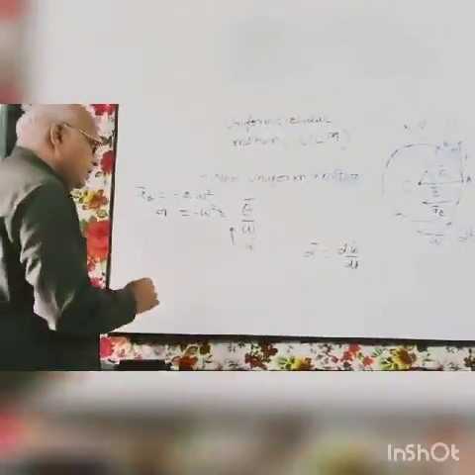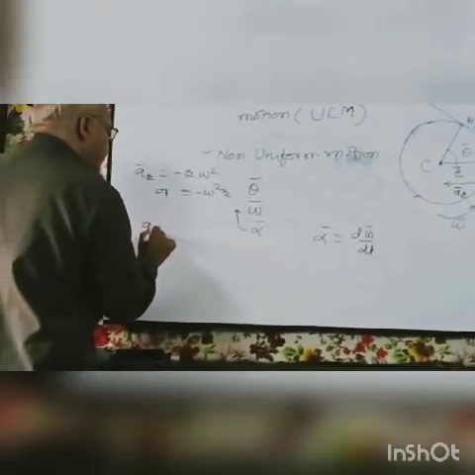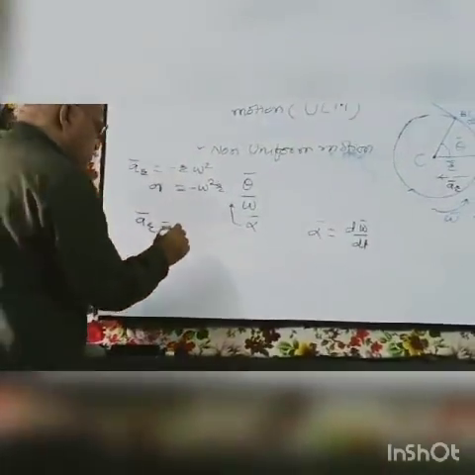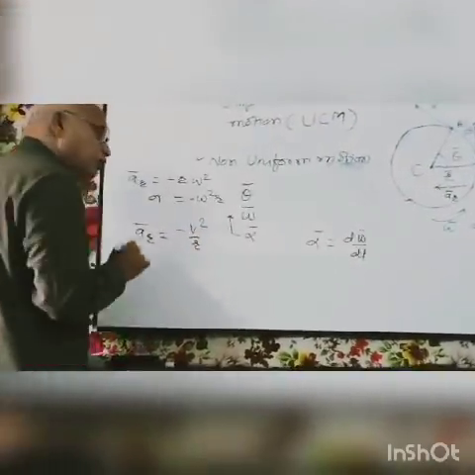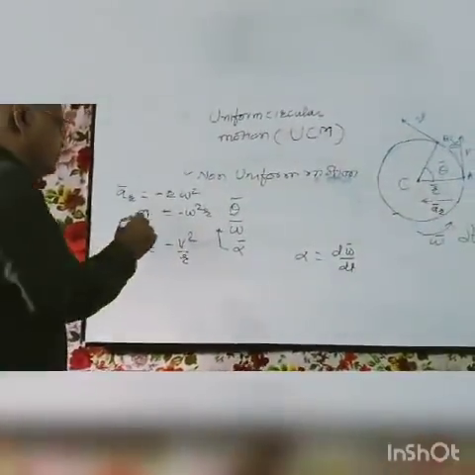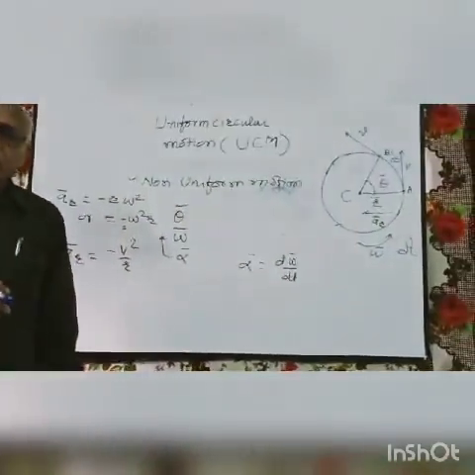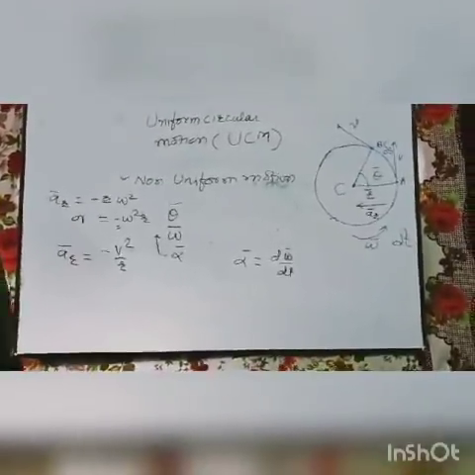In other words, in terms of linear velocity, this radial or centripetal acceleration can be expressed as minus v square by r. Here, this negative sign indicates that this acceleration is directed towards the center of the circle.